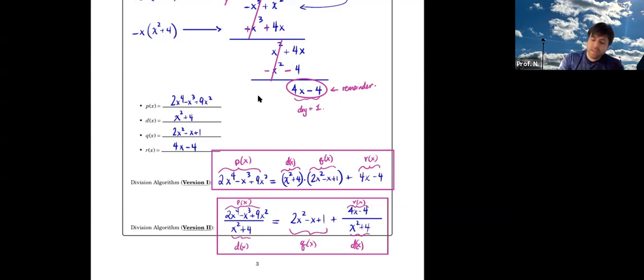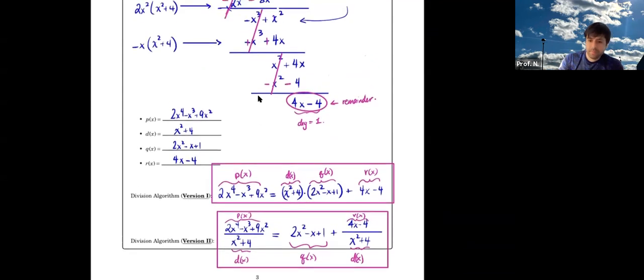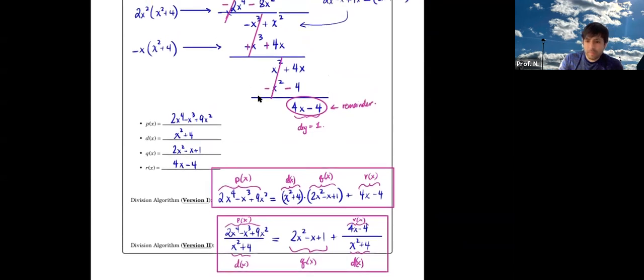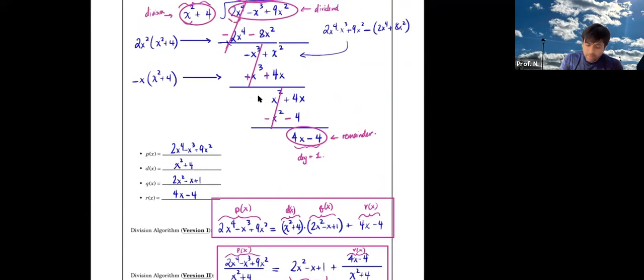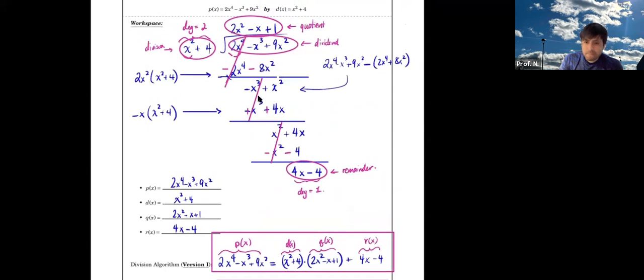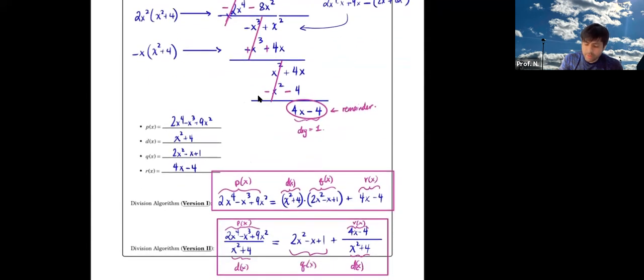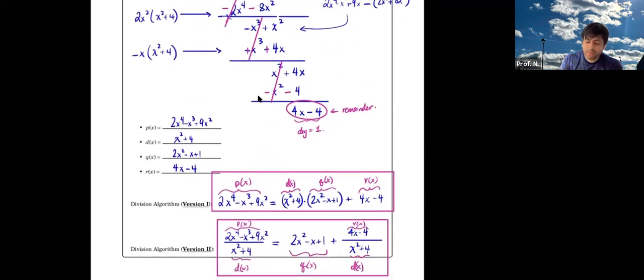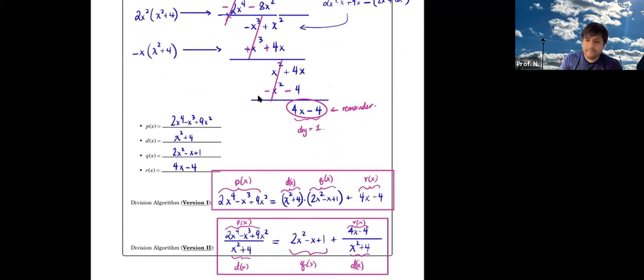Any questions about this? For the last part, isn't it x squared plus 4? Wait, which part? The remainder part? Isn't the remainder 4x minus 4?